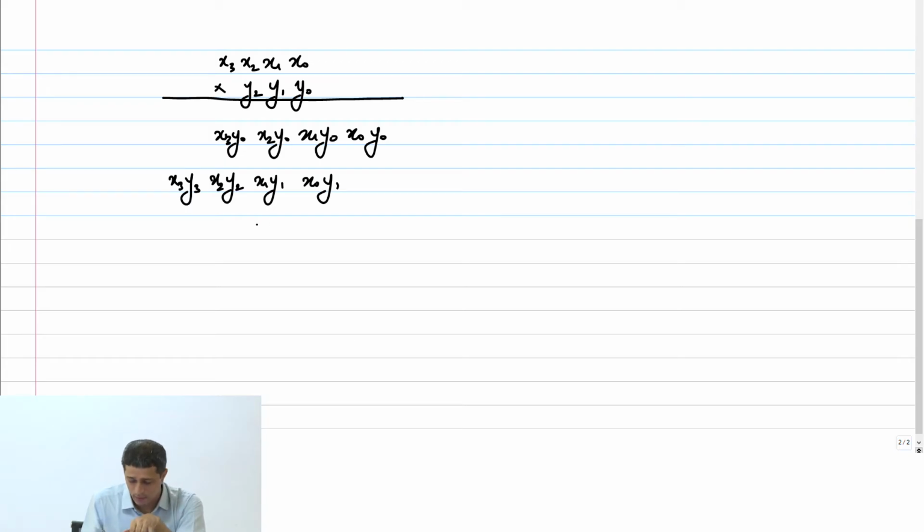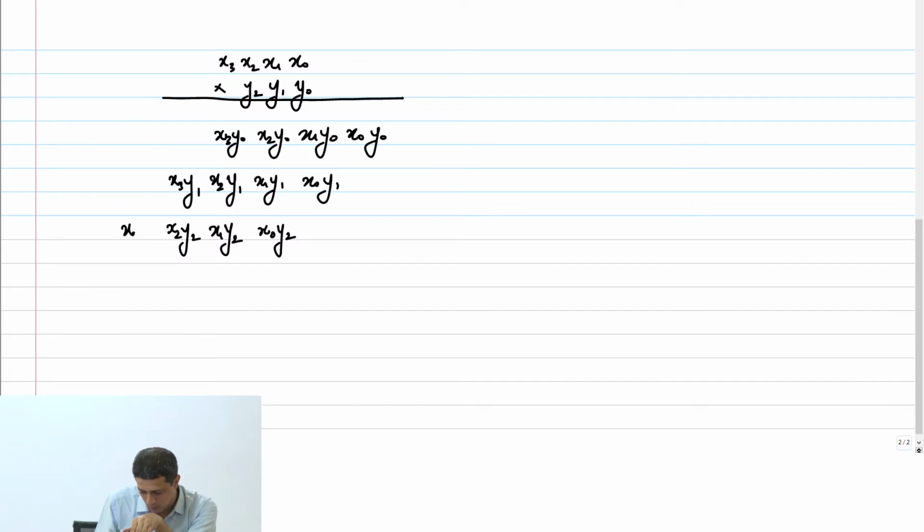The last term is x0 y2, right? And x1 y2, x2 y2, x3 y2, sorry.